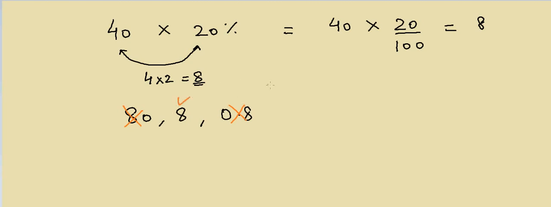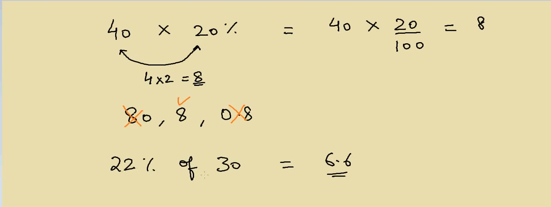If we don't worry about the zeros, we can do this calculation very quickly without thinking about zeros. For example, if I have to say 22% of 30, the answer will be equal to 6.6. What I did, I just multiplied 22 and 30.